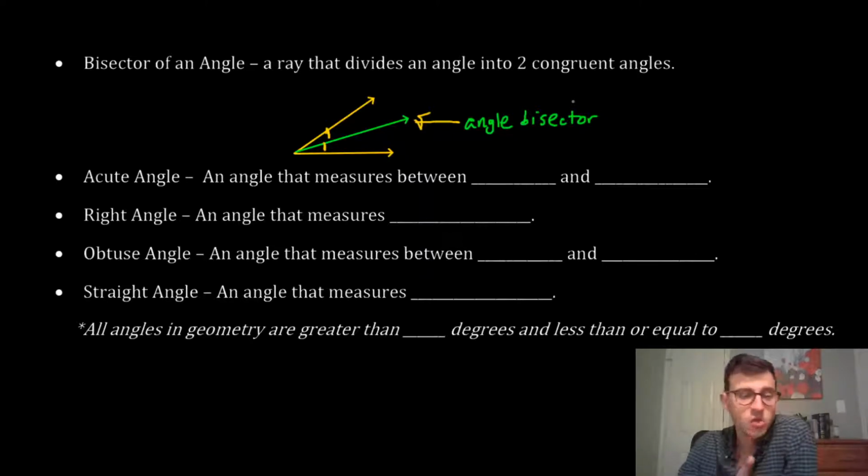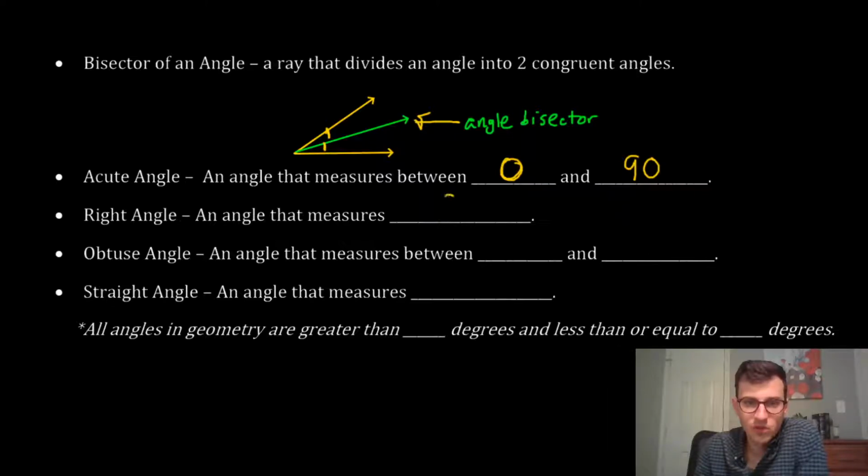Okay, an acute angle. Acute angle, it's nice and cute, it's small. It's an angle that measures between 0 degrees and 90 degrees. A right angle is an angle that measures exactly 90 degrees. Put our little degree symbols here.